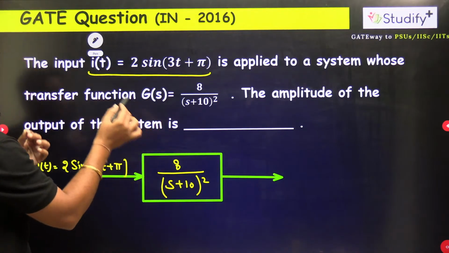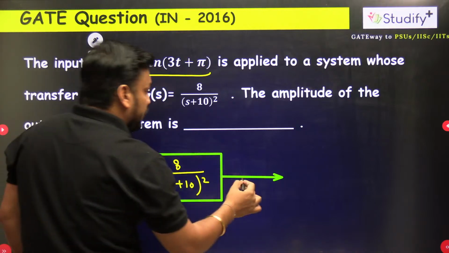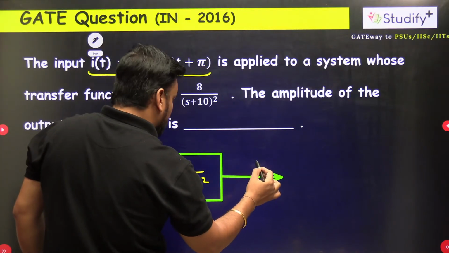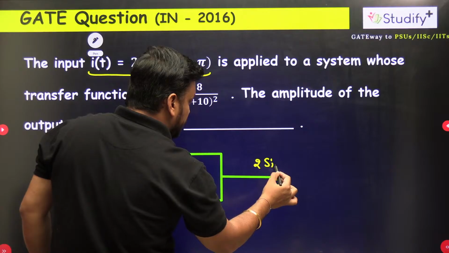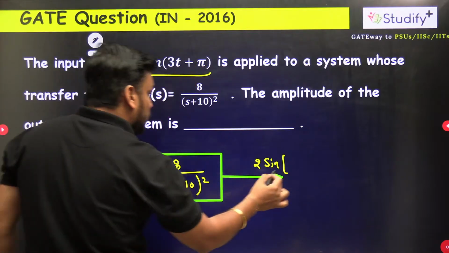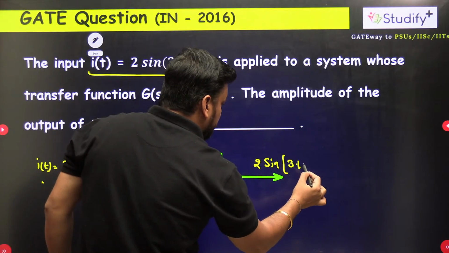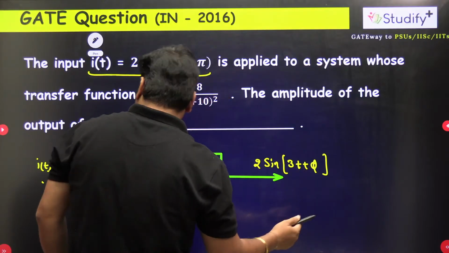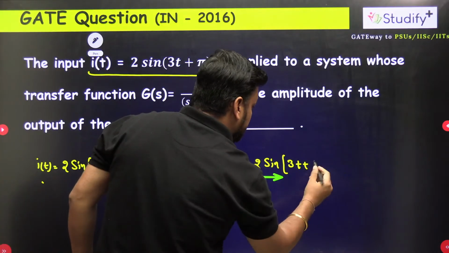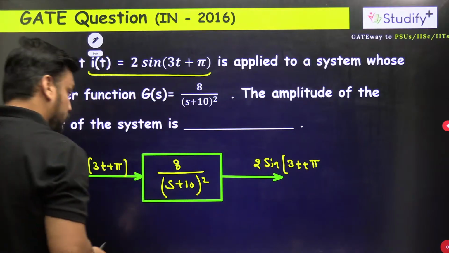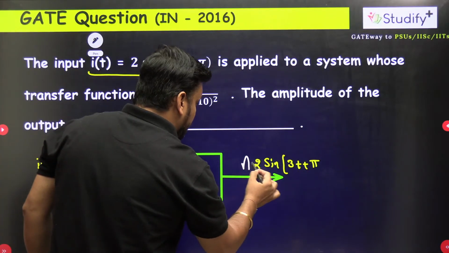The amplitude of the output of the system is asked. It means what will the output look like? The output should be A times 2 sin(3t plus pi plus phi). The 3t plus pi is already there, and in addition, what is going to come? A and phi.